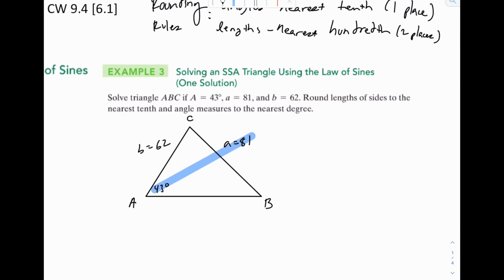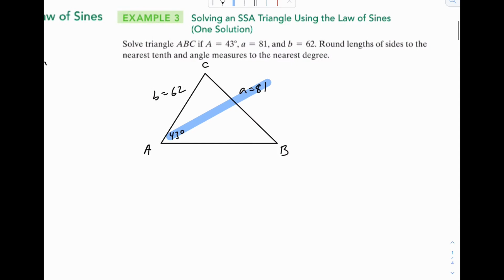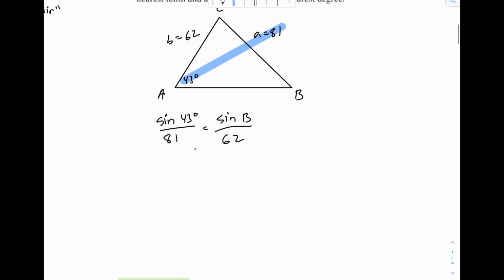Let's start by doing the exact same thing. Sine of 43 over 81, that's sine of B over 62. I'm going to skip the last step. B should be sine inverse of 62 sine 43 degrees over 81.